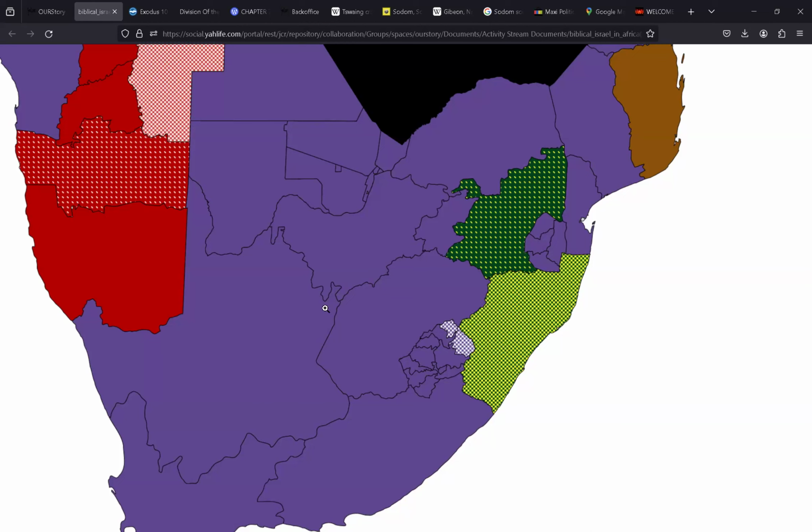Because we're talking about it seemed like South Africa, and I was just told it's a lot of white people in South Africa. 7% of the population is white. Okay, that's it. There's not a lot of white people. Now, white people control the economy here, but that's it. But you kind of see what they're trying to do, right? They weren't there before, but they feel that area is important for them to hold down.